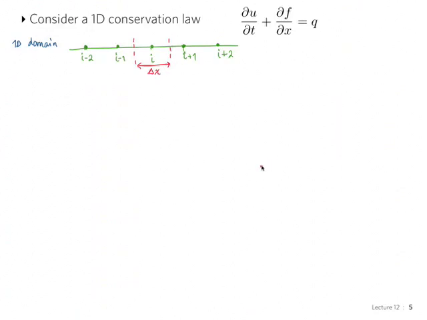So we associate a finite cell to each mesh point in this 1D example.